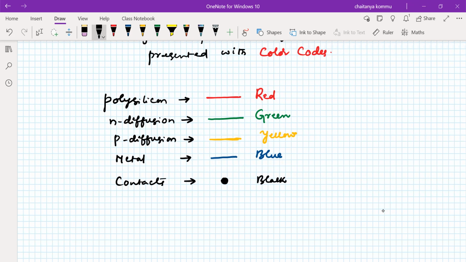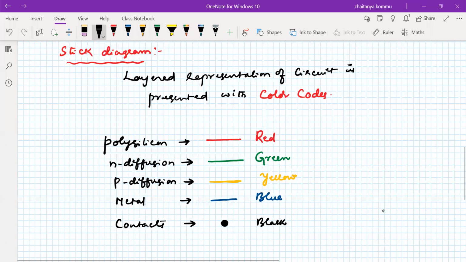So these are the color codes that I have to use for representing a circuit in the layered form, which is known as a stick diagram. Right? Clear? Now let us draw the stick diagram for a simple transistor, and from the transistor to the circuit.